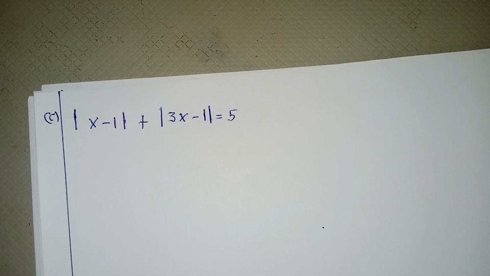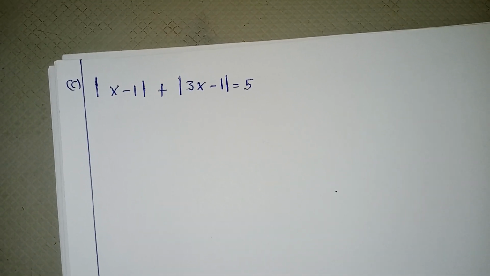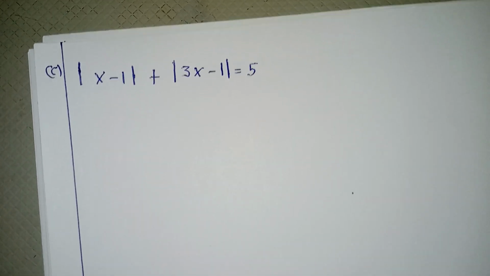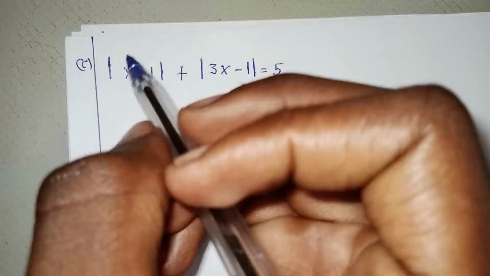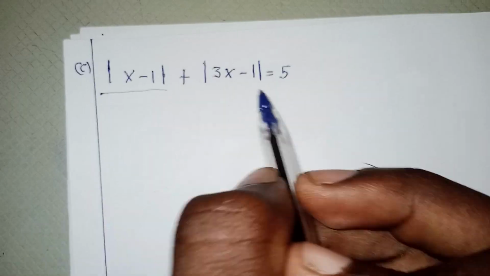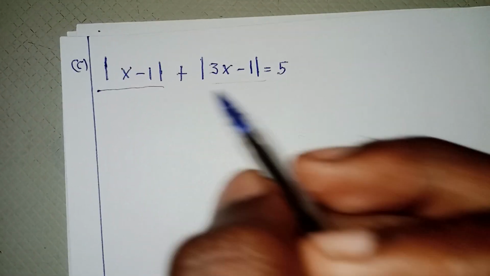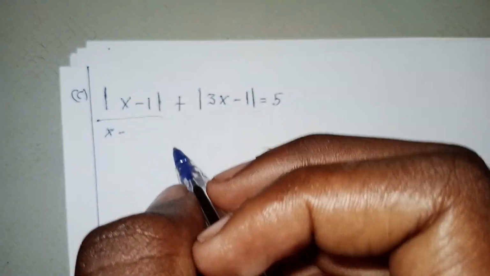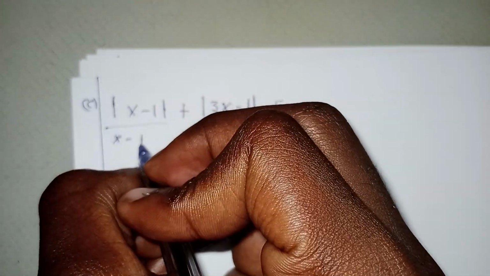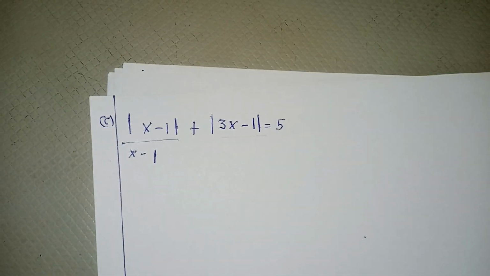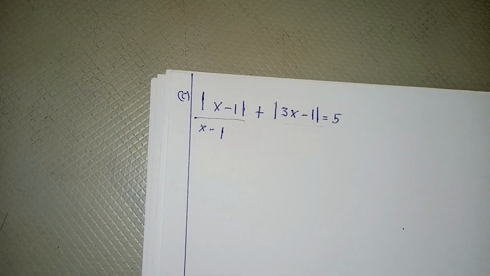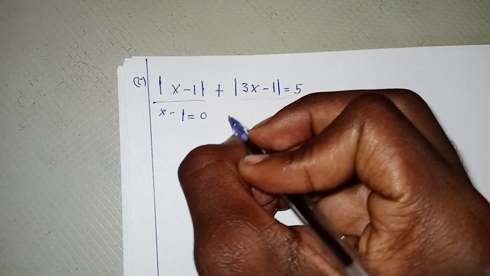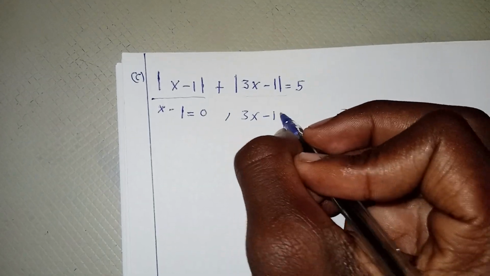All right, so for this one, it's a different case, since we have two absolute values like that. So it's very simple, of course. The first thing to do is simply to equate this to 0, and I equate this to 0. So automatically I'm going to have x minus 1 equal to 0, then 3x minus 1 equal to 0.